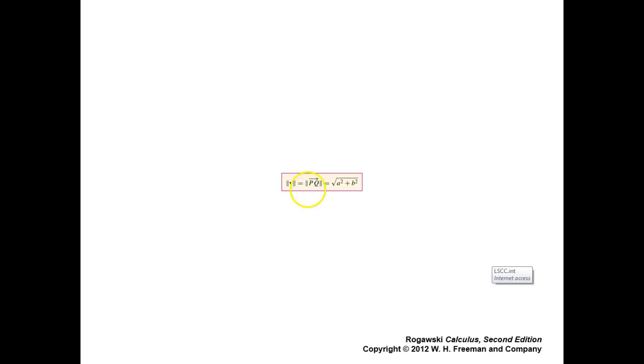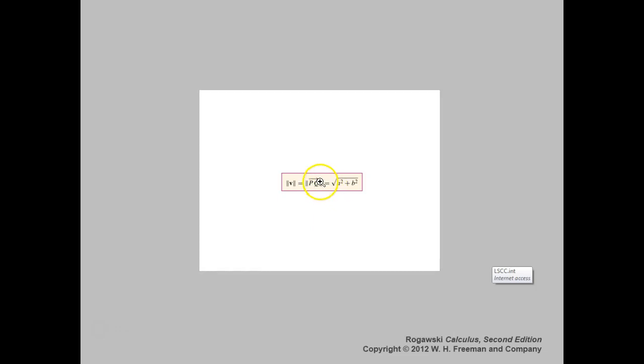All right. Now, I guess we haven't formally defined this yet, so let's do that now. For vector V, any old vector V, the magnitude, and that's what the double bars stand for, magnitude. What do they sort of look like?